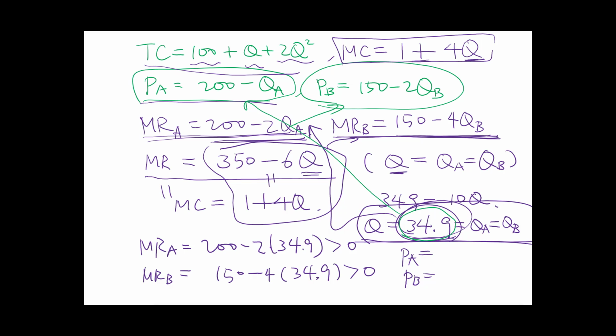So PA, price for product A, is 200 minus 34.9, which gives you 165.1, and for price B will be 150 minus 2 multiply 34.9, so that is equal to $80.20. So 20 cents. So that is the answer.